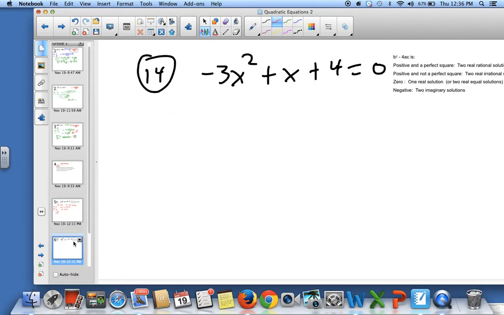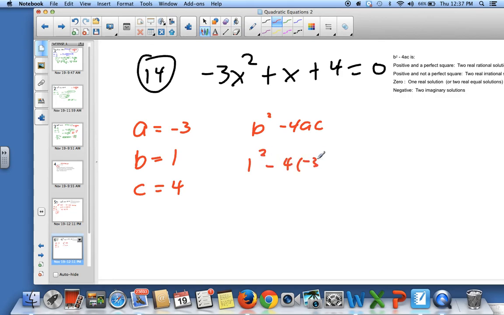And as we move on to number 14, I'm going to jump around a little bit. Number 14, it's the same procedure. A equals negative 3. B equals 1, because that's what's in front of the x, an invisible 1, basically. And c equals 4. So b squared minus 4ac is going to be 1 squared minus 4 times negative 3 times 4, which is 1 minus a negative, which is plus 48, which is 49.